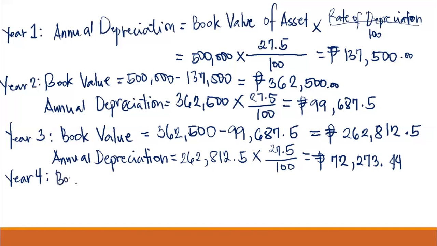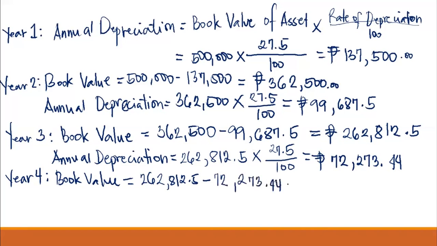So, for the book value, the book value is now equal to the difference: 262,812 and 5 centavos minus 72,273 and 44 centavos. So this is equal to 190,539 pesos.